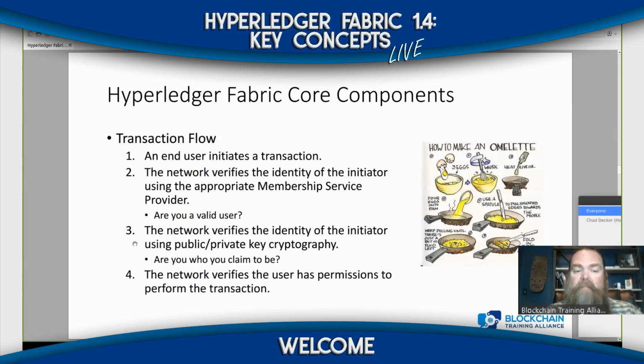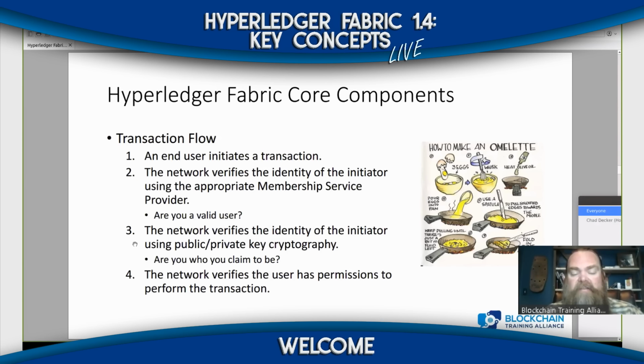If I take Bob's public key and I can decrypt that transaction request, well, then I know that that transaction request was signed or encrypted with Bob's private key. And that this user who is claiming to be Bob must actually be Bob because they have access to Bob's private key. So now we validated that our user is actually valid, and we validated they're actually who they claim to be.